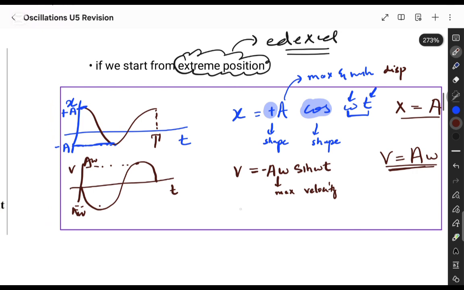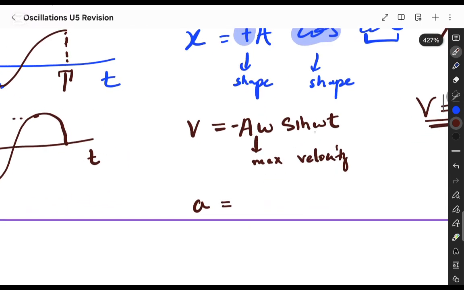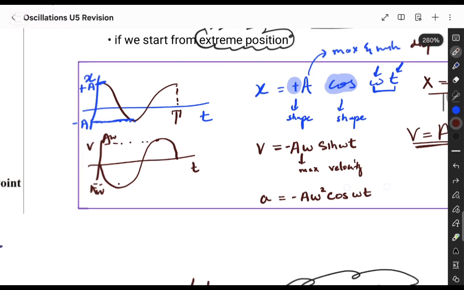And then you further differentiate this again, you're going to get acceleration equals, differentiation of minus sine is going to be minus cos, so minus A cos omega t. Differentiate the omega t, you're going to get omega again as well, so it's going to become omega times omega, because we had the omega before as well, so it's going to become omega squared.